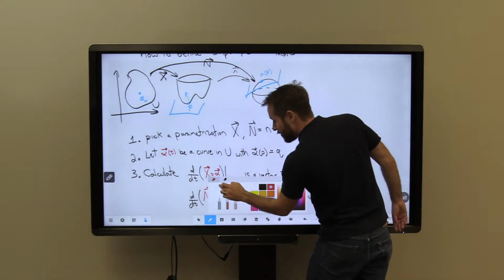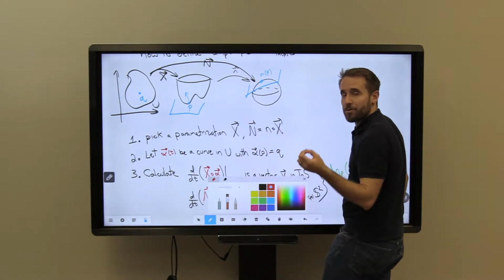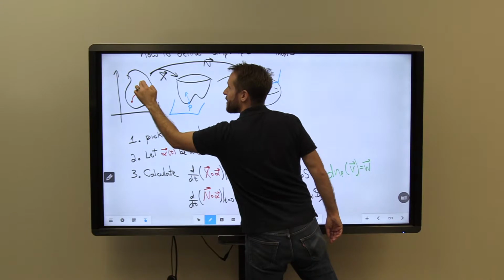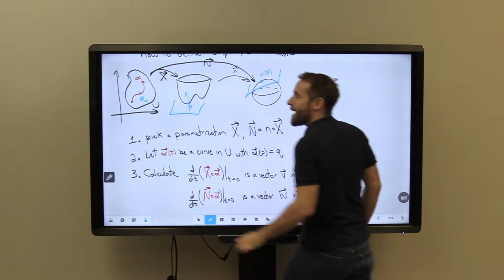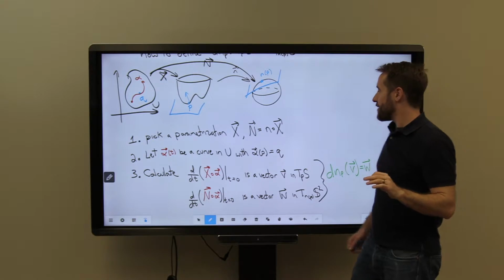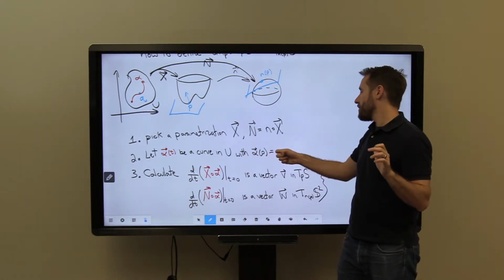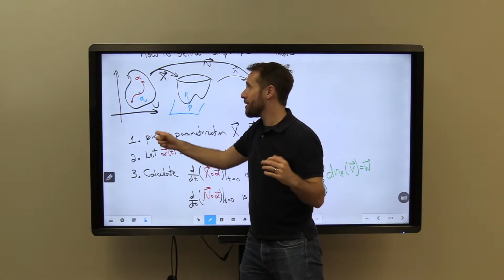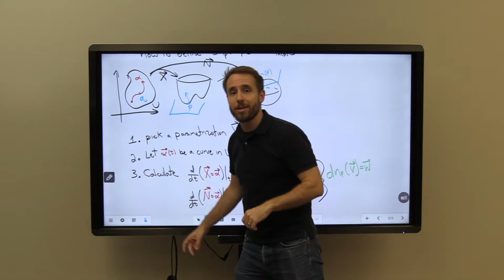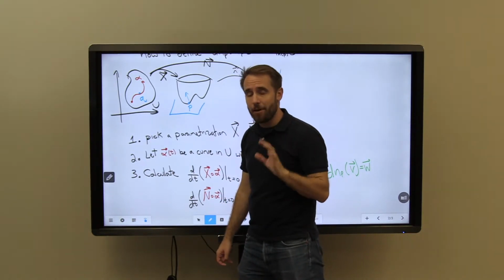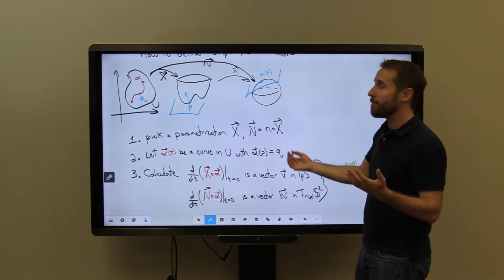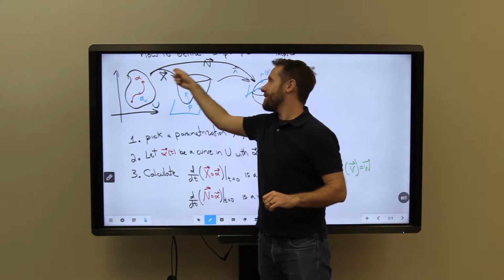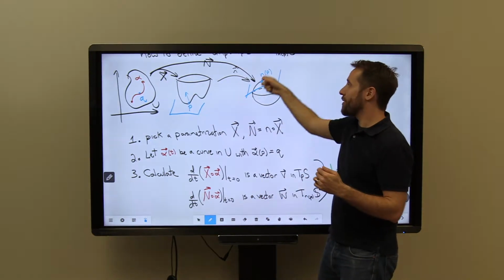So with that as our setup, we are going to look at a parameterized curve, alpha, that's over here, right? And so maybe this is my curve alpha. And alpha is designed in such a way that alpha of 0, at time 0, is equal to Q. So maybe this goes from time -1 up to time 1, and at time 0, we're passing through the point Q in question. Now, because alpha is a curve defined inside my domain U, I can see its image on this picture and also its image on this picture.